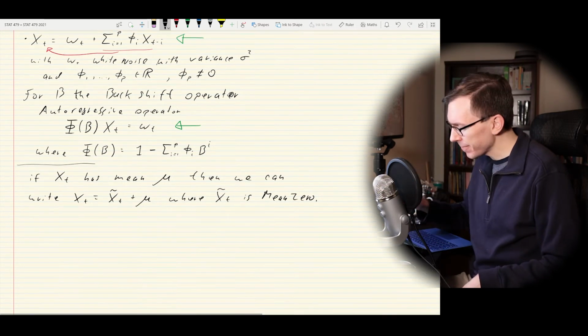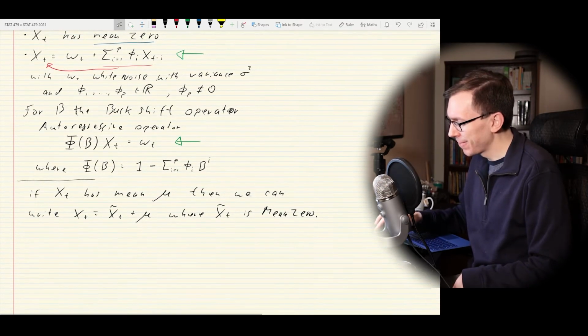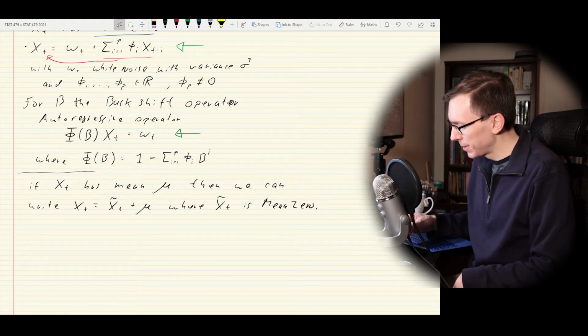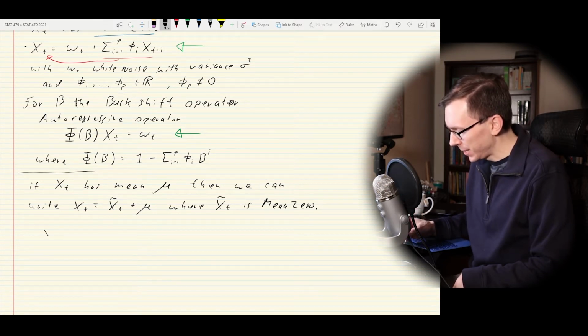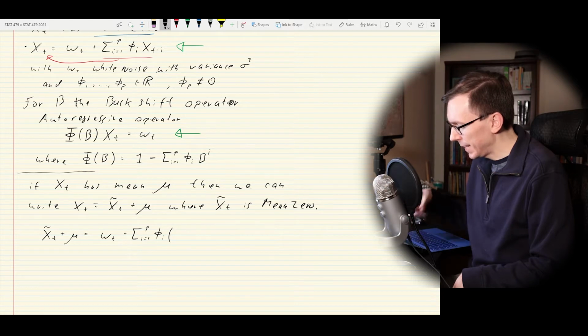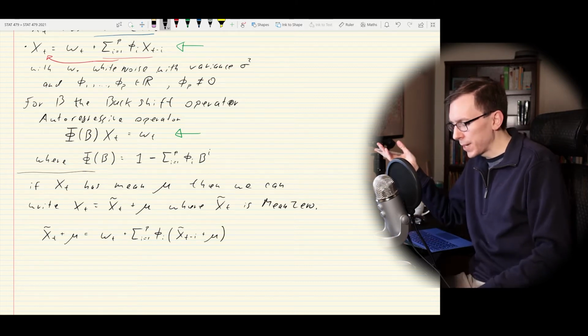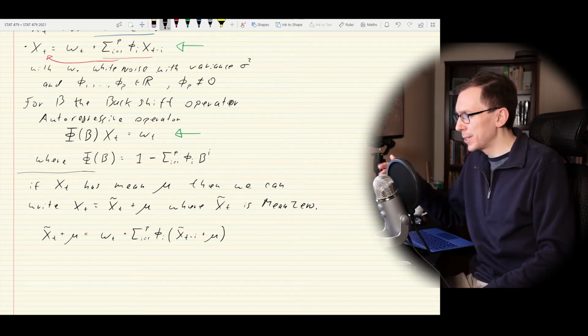So what we get is x tilde t plus mu, and that's going to be wt, but we're also going to add in this summation, i from 1 to p of phi i, and then we're going to replace xt minus i with x tilde t minus i plus mu. So all we're doing here is replacing the x's with an x tilde plus mu.